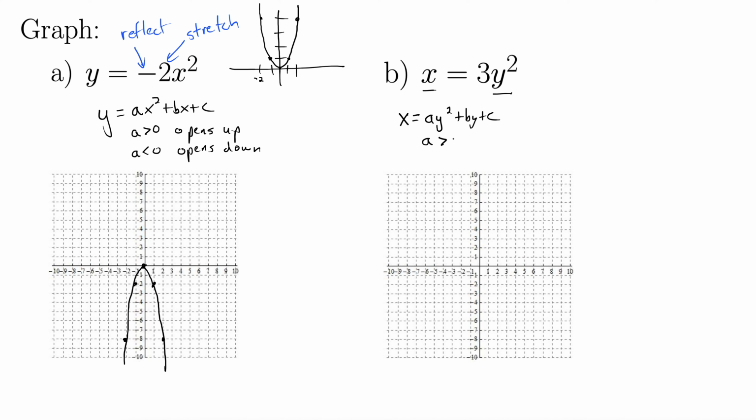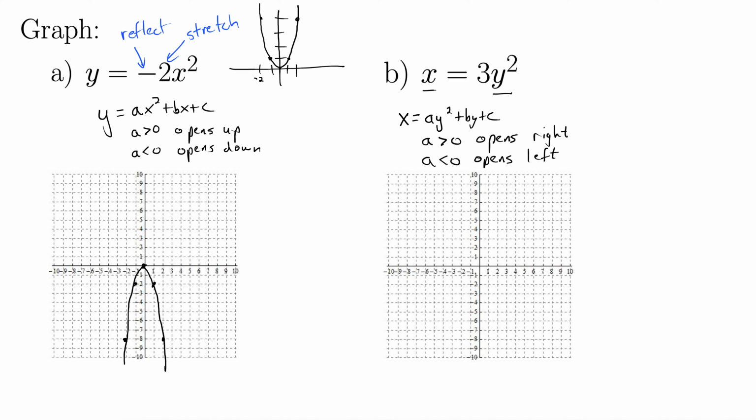So if a is greater than 0, it opens to the right. And if it's less than 0, it opens to the left. So a less than 0 opens left. Okay, so that's how that goes.